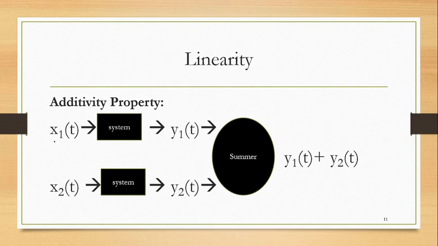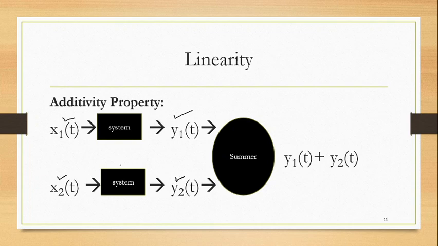Fine, we input a signal, which is x1 of t. After the signal is passed through the system, we get an output, which is y1 of t. Then we input another signal, x2 of t, to that system, and we get y2 of t as an output.